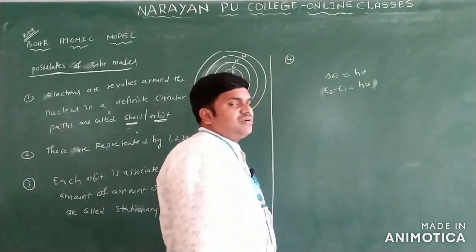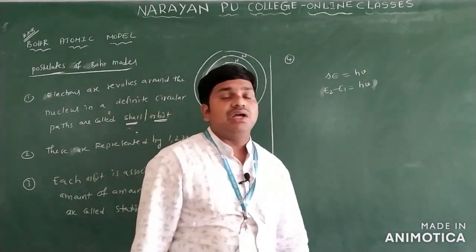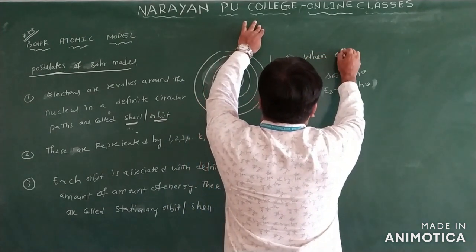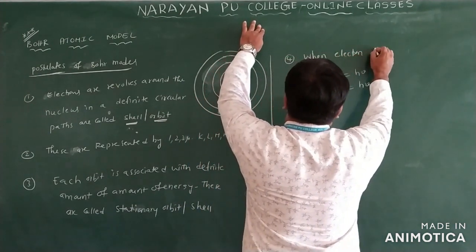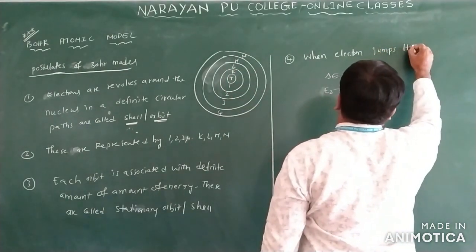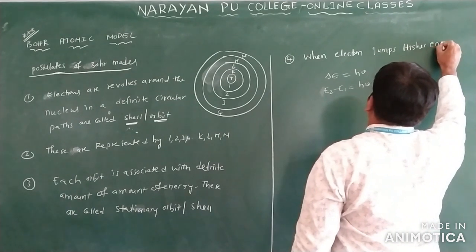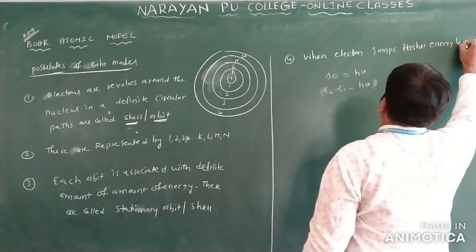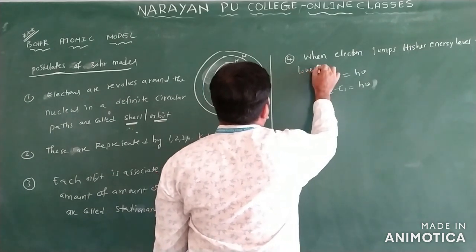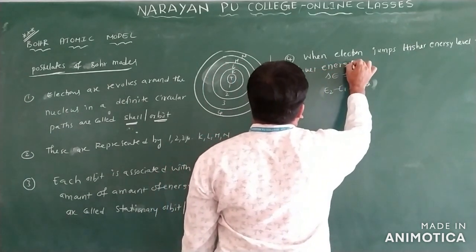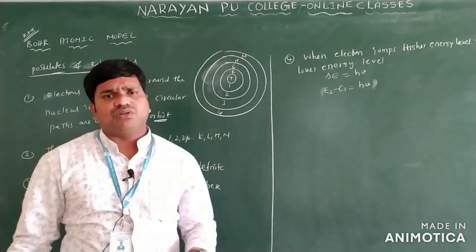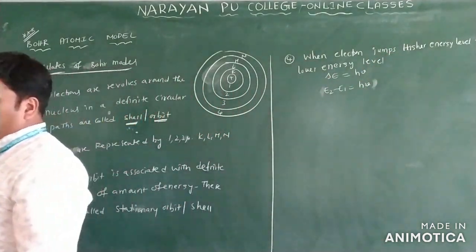When an electron jumps from a higher energy level to a lower energy level, or you can read here lower energy level to the higher energy level, also here the possibility is there.